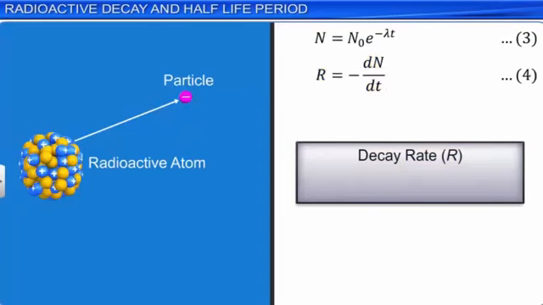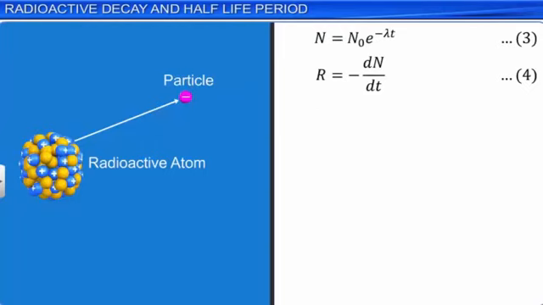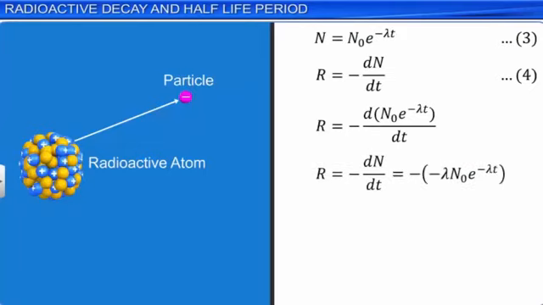Substituting equation 3 in the equation 4, we get R is equal to minus d by dt of n naught into e power minus lambda t. Simplifying further, we get R is equal to lambda n naught e power minus lambda t. Let this be equation 5. Substituting equation 3 in equation 5, we get R is equal to lambda n.